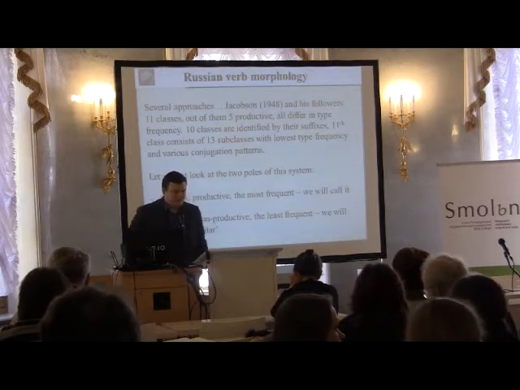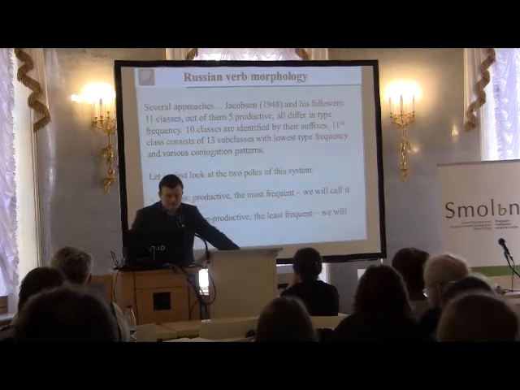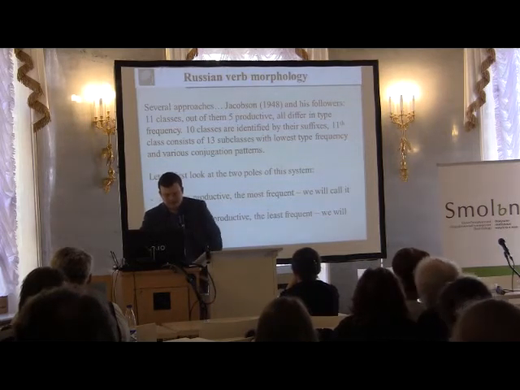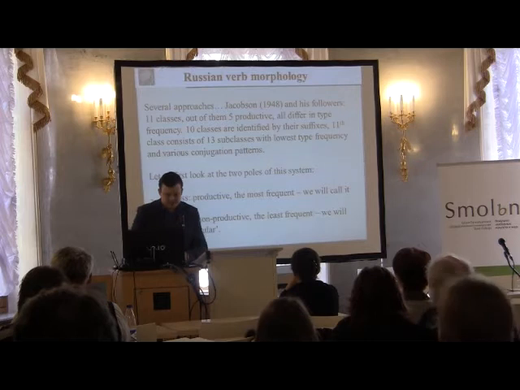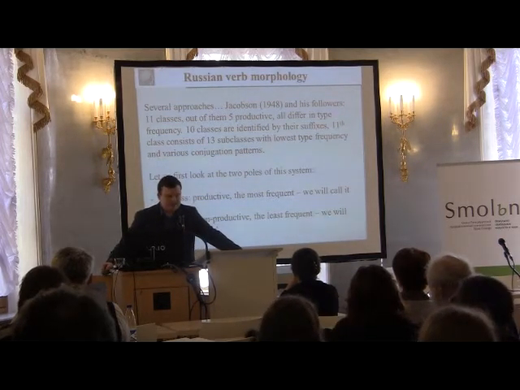So that is a very brief description of Russian verb morphology. For the purposes of the present study, we took the classification of Jakobson, and we selected two poles of this verb system.